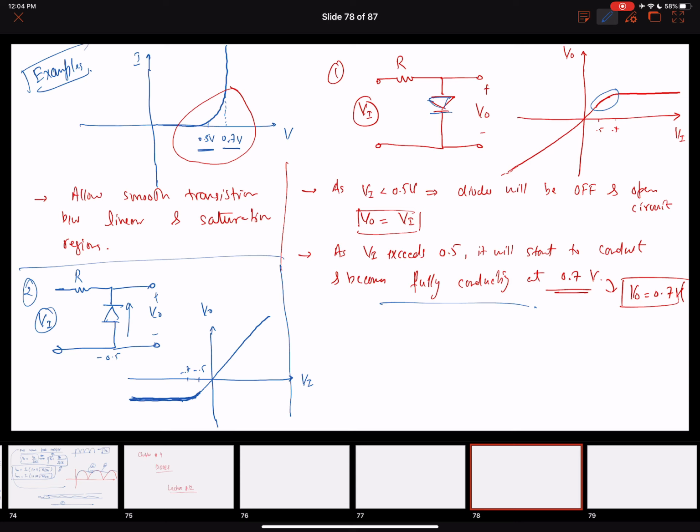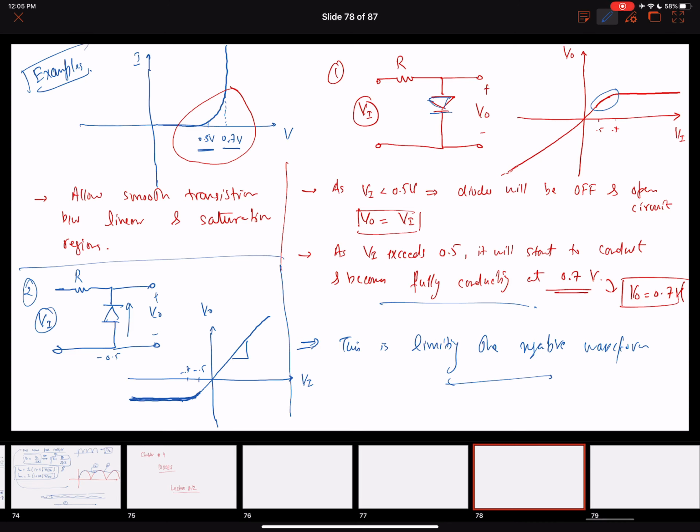So we can see that over here we have a limiter circuit that is limiting the negative waveform, right? Another important thing that you can see is the slope over here is 1, since our V0 equals VI.